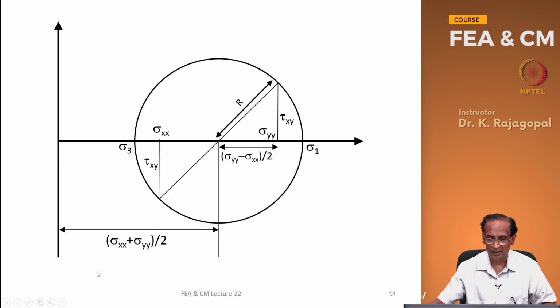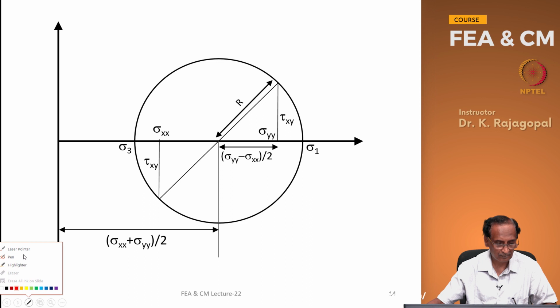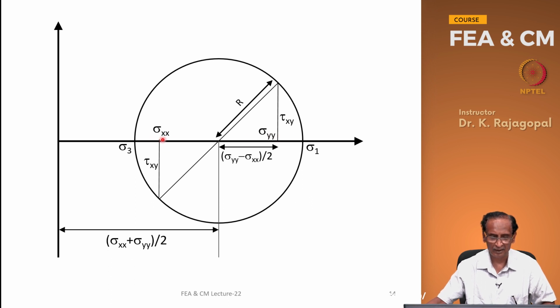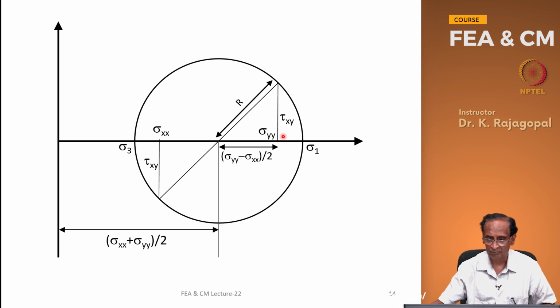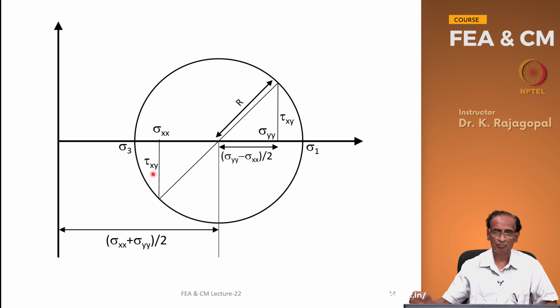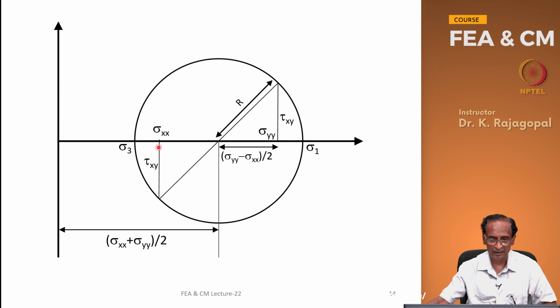So, let us say our sigma yy is more than sigma xx. Then the tau xy acting on the horizontal plane, where sigma yy is the normal stress, is positive, and the tau xy acting on the vertical plane is taken as negative.